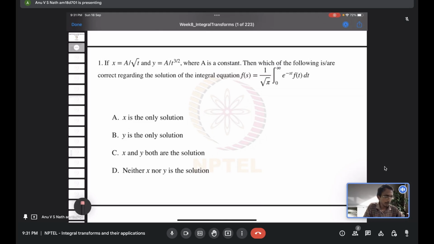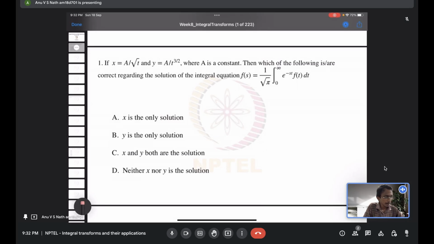Similar questions you can expect from other transforms as well. You have an integral equation where the function is appearing both inside and outside, and you have to solve for it. The same technique you can use. Here I will show it for Laplace transform, and you may expect a similar question for Legendre transforms as well. Okay, so let us start.